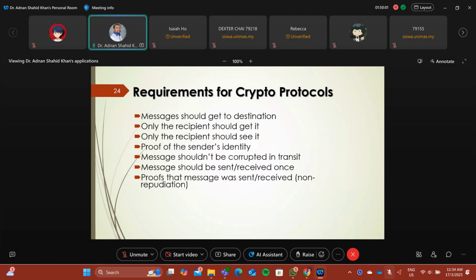These are the sets of messages. Messages should get to the destination. Only the recipient should see it. There should be proof of the sender's identity. The message shouldn't be corrupted in between. The message should be sent and received once. There should be proof that the message was sent and received. These are the very baseline requirements, and everybody needs them.